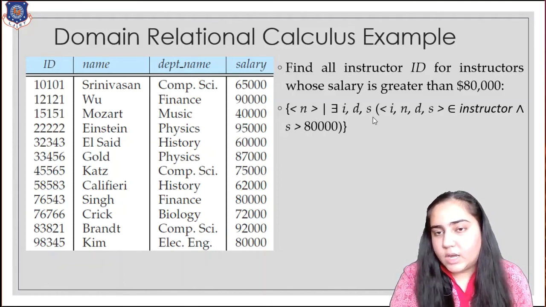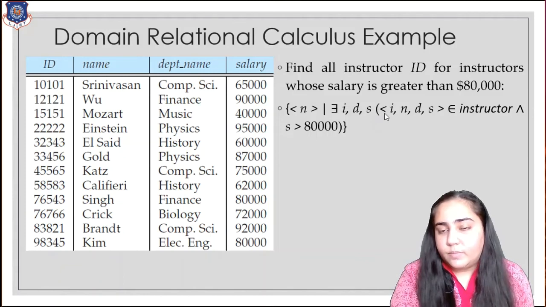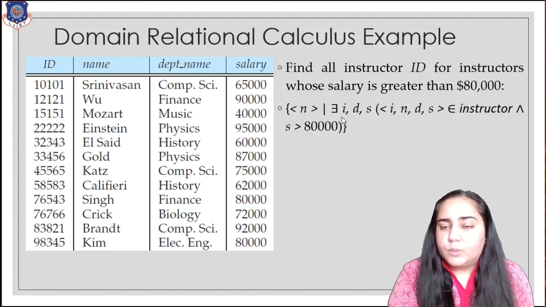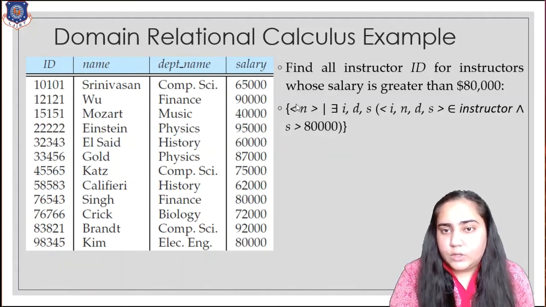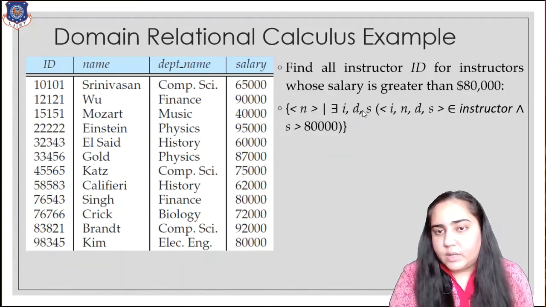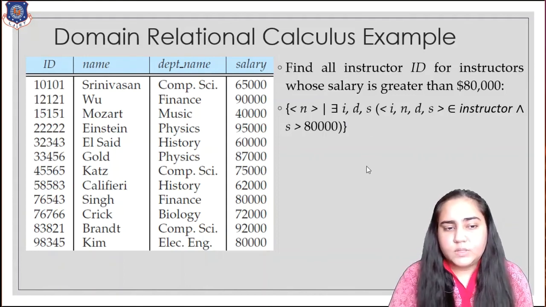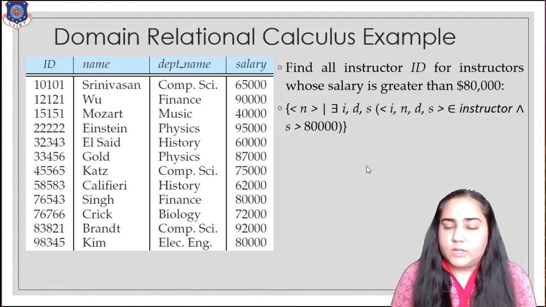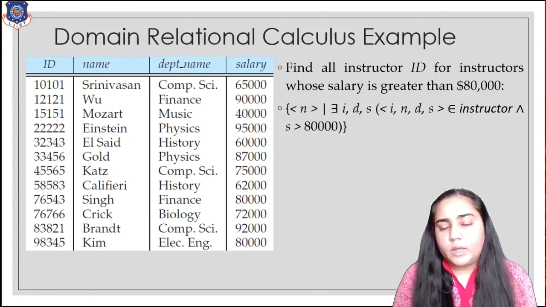So there exists N, D, S, and then in brackets, you'll mention that all four <I, N, D, S> belong to instructor, which is necessary, and also that the salary should be greater than 80,000. So when you don't want to include some variables in your result, then you would show them after the pipe in this manner. This is another domain relational calculus query.